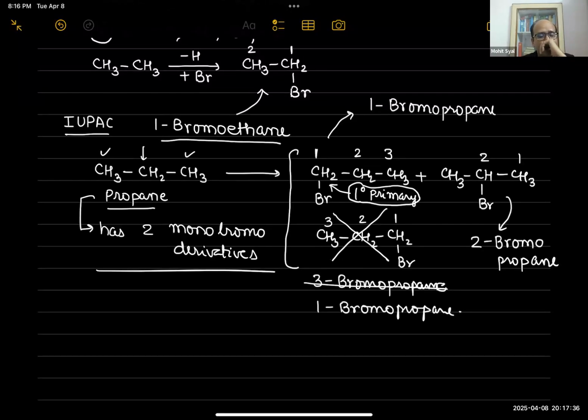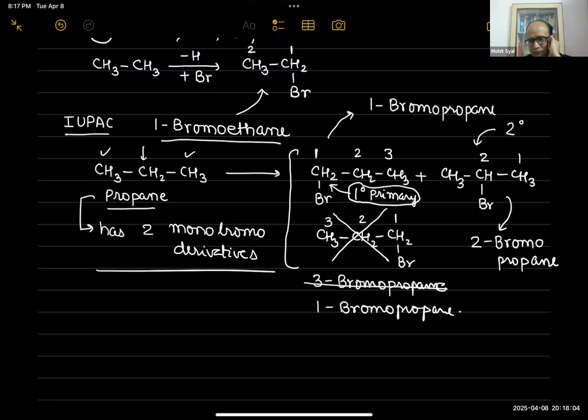Yeah, related to carbon, a carbon connected to one carbon is primary. Because this is on the extreme end, this carbon on which the Br is there is connected to just one carbon. Got it? And what kind of alkyl halide or haloalkane is this? Is this primary, secondary, or tertiary? Secondary. Yeah, secondary. Is that clear?